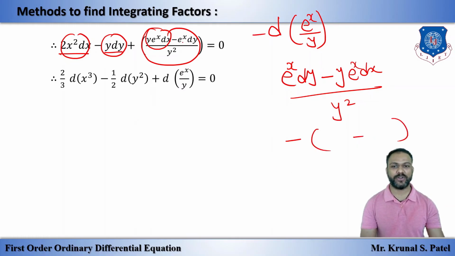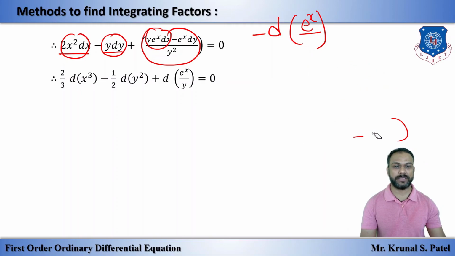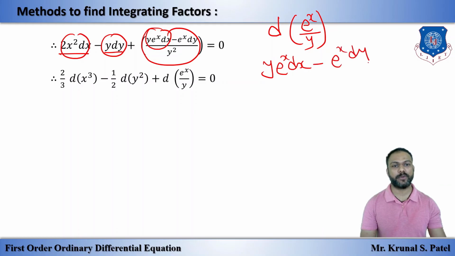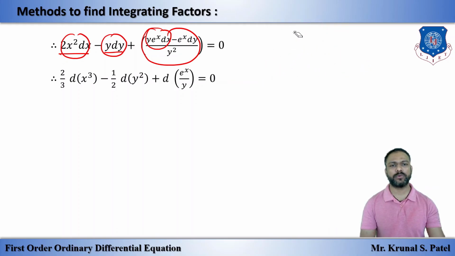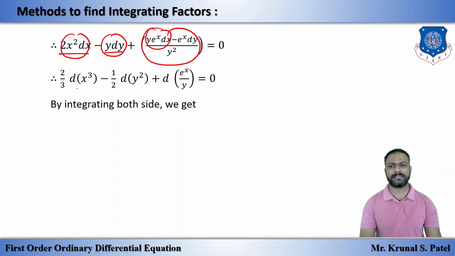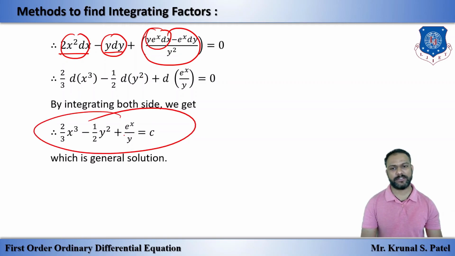So we have plus, because denominator as it is, differentiation of numerator minus numerator as it is, differentiation of denominator, which is already given. If it is not given, then we can put minus. Okay, so we have this, and now we can integrate this. So by integrating, we have this, this, and this, and this is our final general solution.